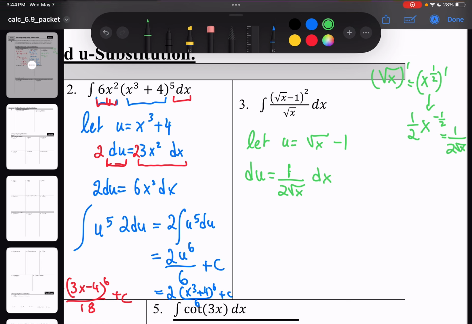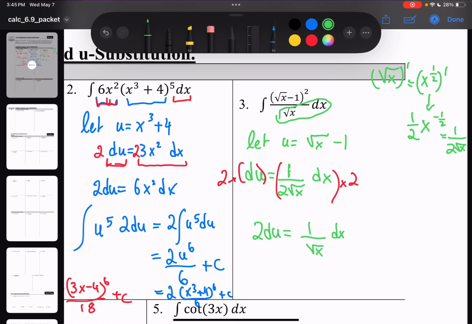Now what I have here is 1 over 2 square root of x dx, but what I have in the integral is 1 over square root of x dx. I don't have the 2. So how would I cancel the 2? I multiply both sides by 2, so I get 2 du equals 1 over square root of x dx.